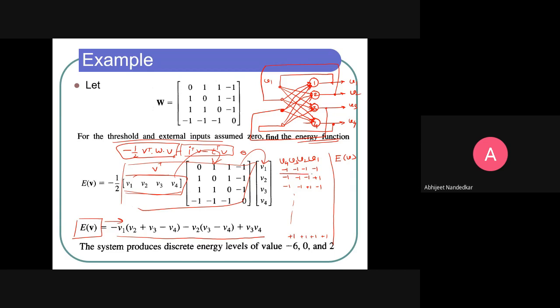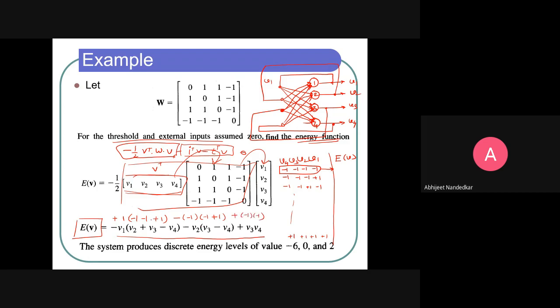Suppose I take this -1, -1, -1, -1, what is the energy at this point? So you will substitute here, say -1, -1, so minus minus, it will be +1. So this -1 multiplied by -1 will be +1 minus, so this will be -1 into -1 minus of -1, so +1 plus -1 into -1.